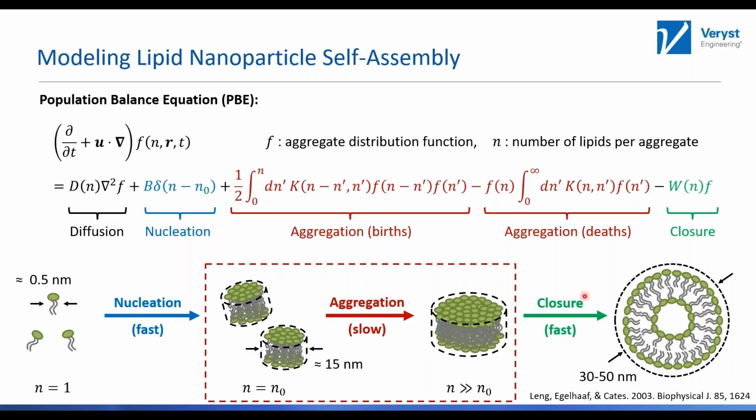So each of these processes can be modeled by terms on the right-hand side of a population balance equation. What we're doing is conserving the size distribution as the aggregation distribution function, which is a function of the number of lipids per aggregate. And so the nucleation, aggregation, birth and death terms, and closure rate are captured as the source terms on this equation.